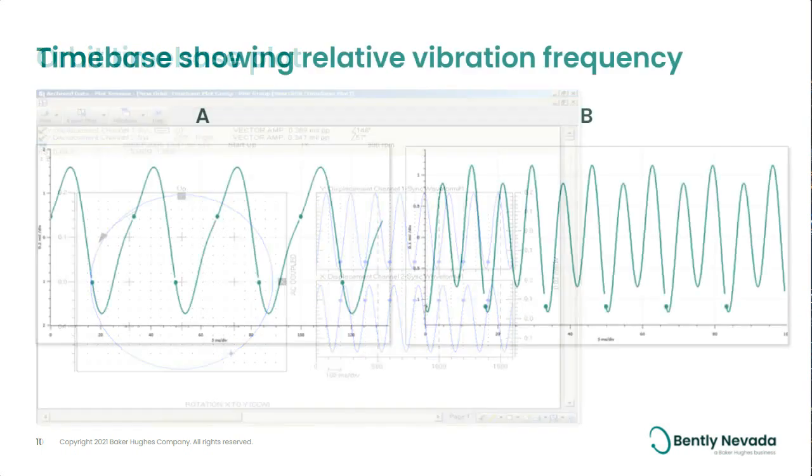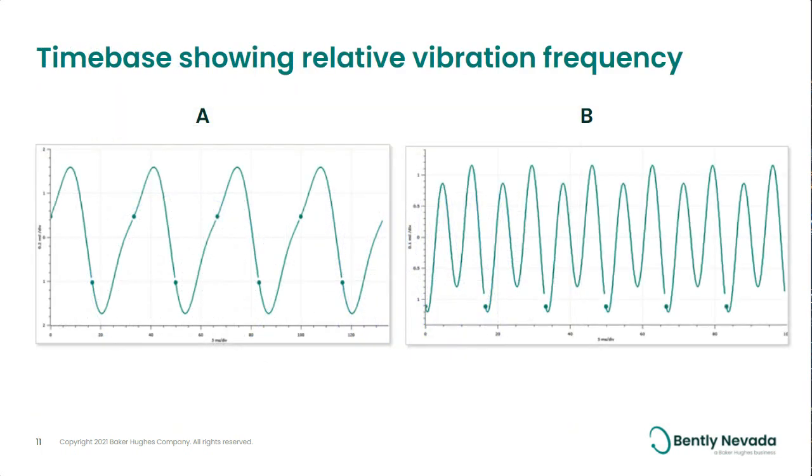So on the last plot, we looked at an orbit time base, but we really only concentrated on that orbit portion. Now we're going to look at the time base. So on plot A on the left, you'll see that there are two key phasors in between two peaks, right?